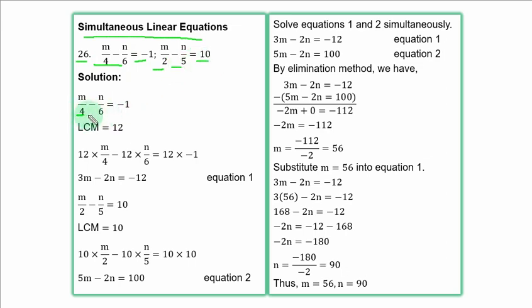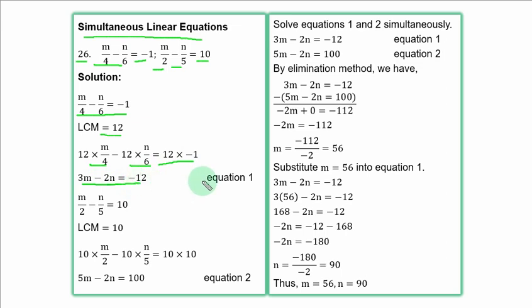You take the first equation. To clear the fractions, multiply through by 12, the LCM. So first term times 12, second term times 12, third term, which is the right hand side, times 12. When you simplify, you have 3m minus 2n equal to -12.